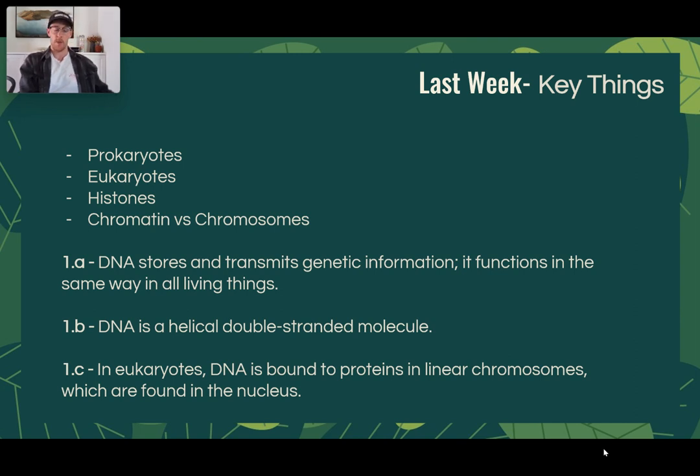Depending on what view angle we're looking at it from, we can see that DNA wrapped around the histones forms a new structure called chromatin. And when we go through replication processes, segments of chromatin all organize themselves accordingly into what we call chromosomes.